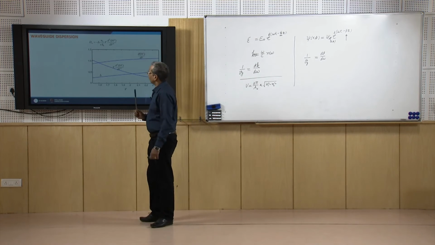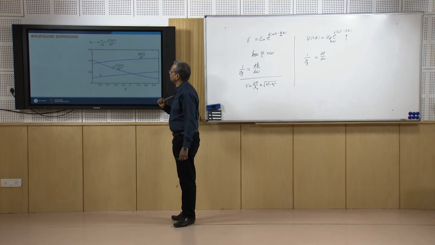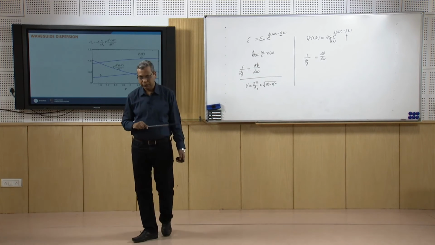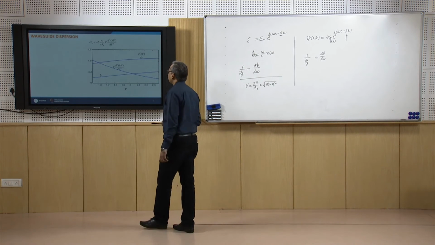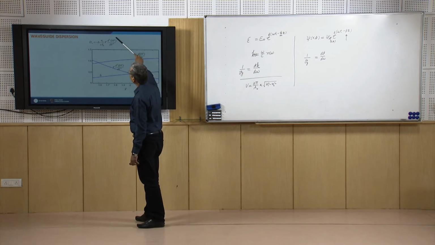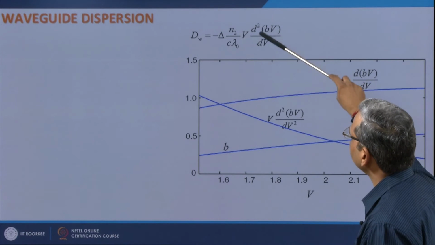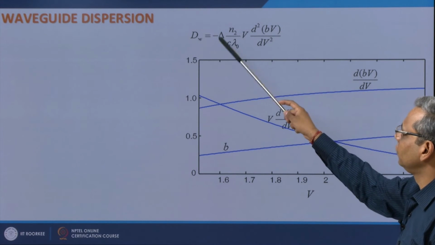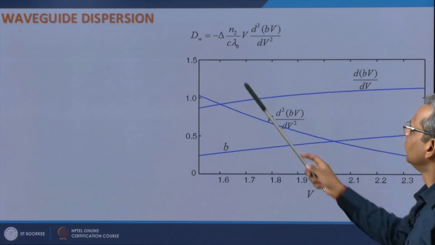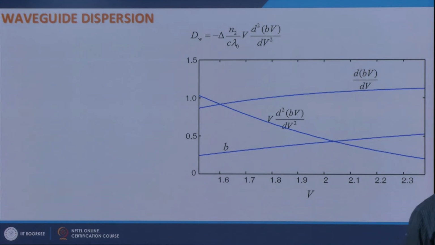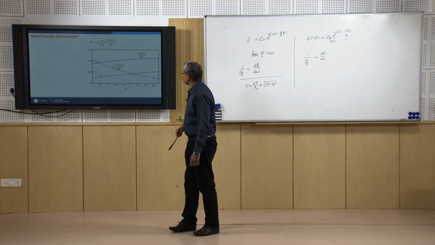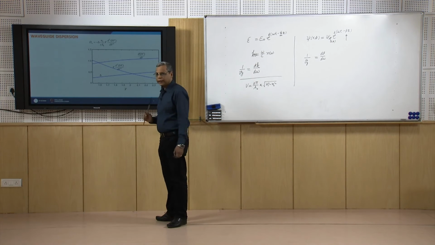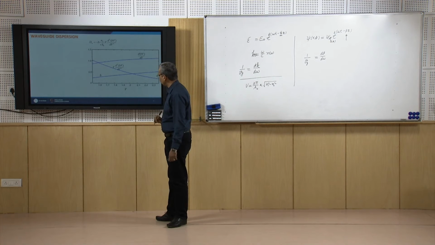So, what I see clearly is that if I want to find out the waveguide dispersion of a given fiber, then I need to calculate this term V times d2 bV over dV square and then multiply it by fiber parameters n2 and delta, and of course divide by the central wavelength of the pulse. So, I know how b varies with V for a single mode fiber.